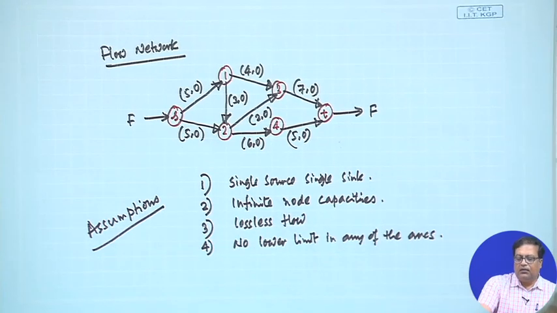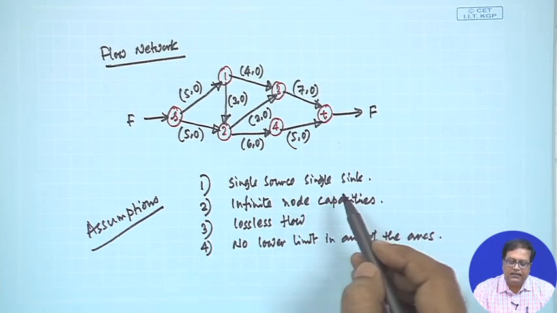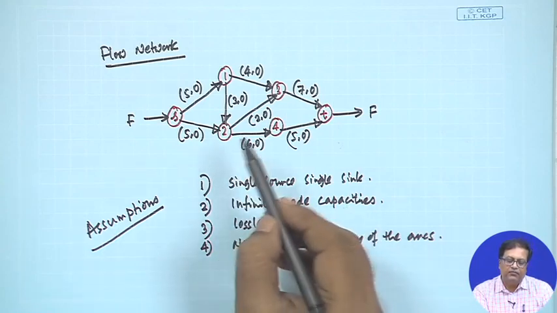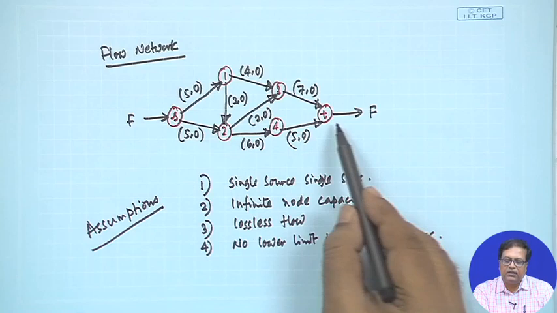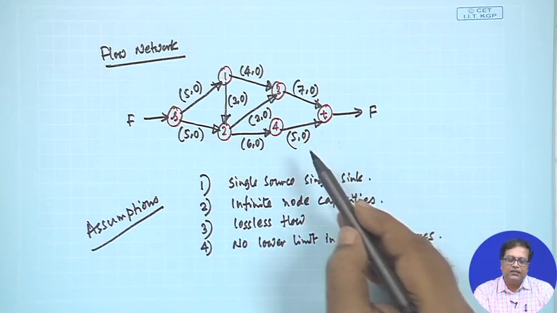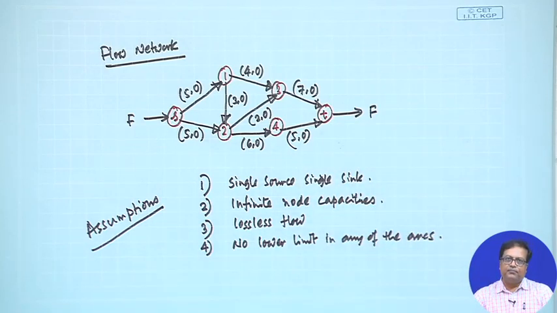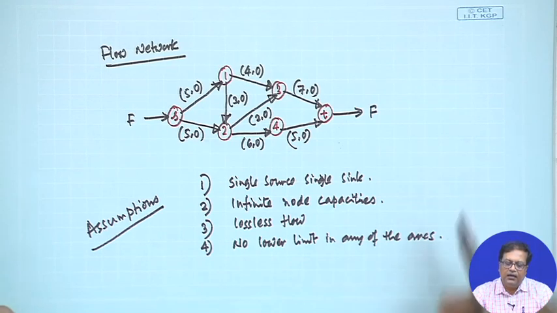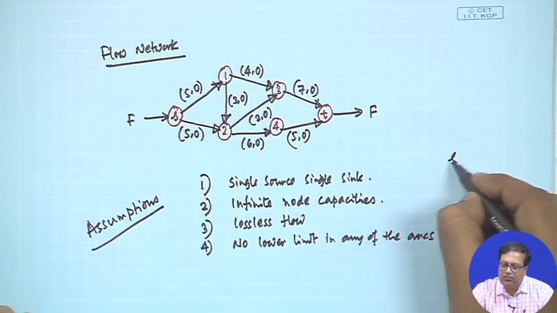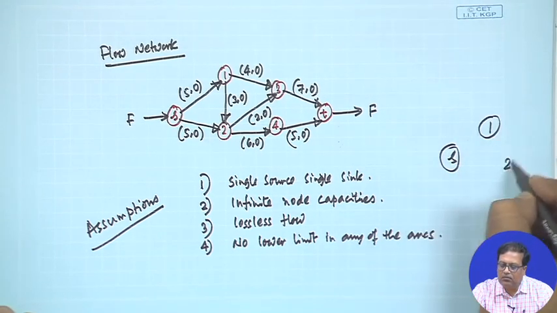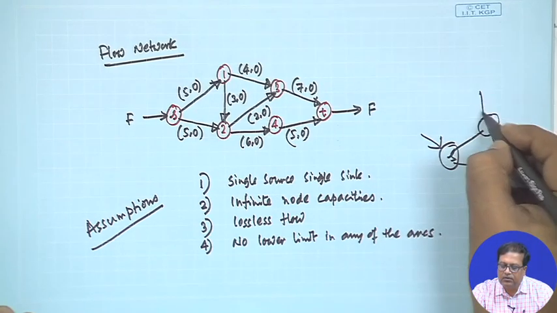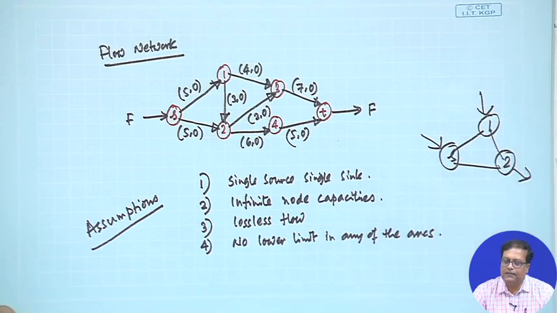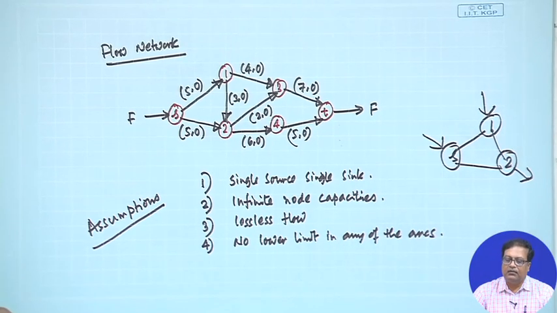First one, single source, single sink. Here, what happens if there are multiple sources? Imagine a network where we have S1, S2, this kind of network, and this is a source, this is also a source, and this is a sink. What can we do then?